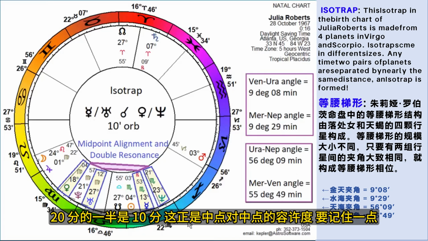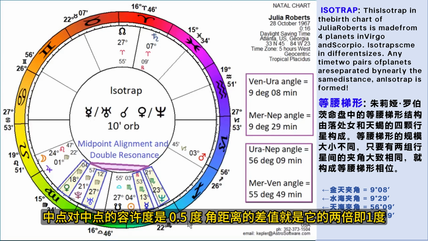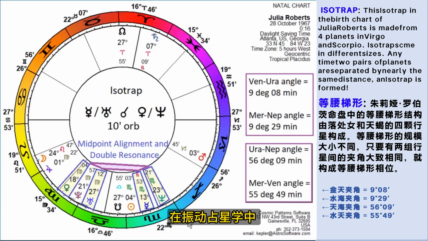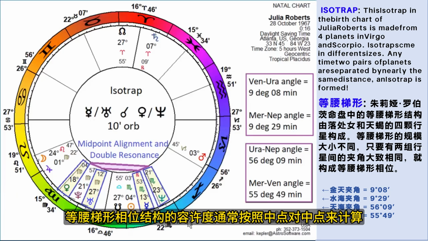A thing to keep in mind is that if you use a half a degree orb for the midpoint to midpoint, the difference in the angular distances is twice that, 1 degree. In vibrational astrology, we usually measure the orb of isotraps as the orb of the midpoint to midpoint.